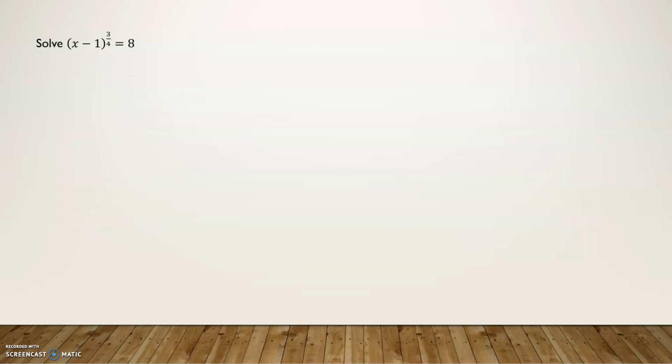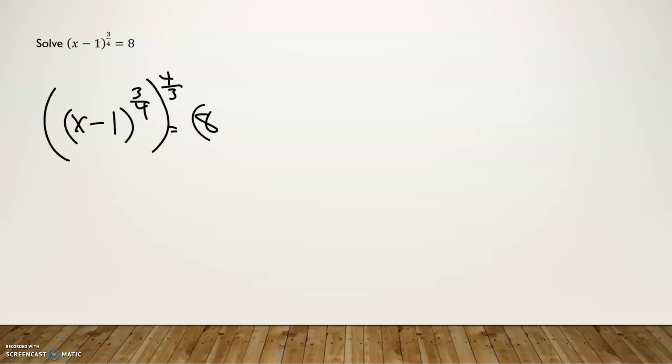Okay, now let's look at not just x raised to a number, but an expression, x minus 1, raised to a number, and that number being the fraction 3 over 4. So x minus 1 raised to 3 over 4 is equal to 8, and we're going to do the same thing. We're going to flip it, 4 over 3, 4 over 3.